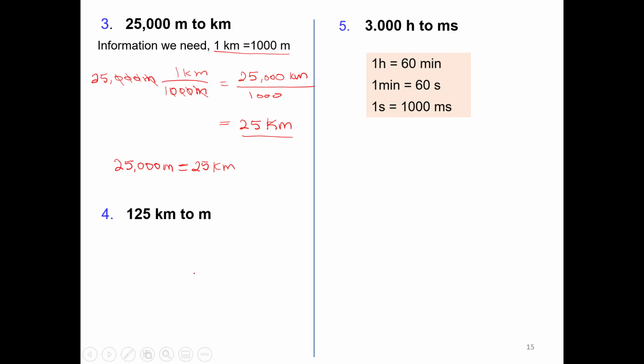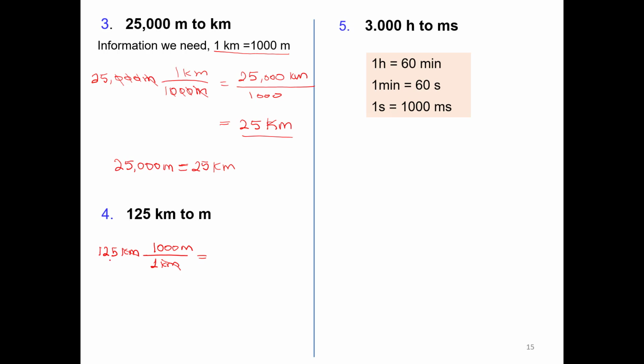Now let's convert 125 kilometers to meters. We can use the same equality. Now we need to write the correct conversion factor in the way the kilometers cancel out. Then 1 kilometer in the denominator, and we need 1,000 meters on top. It's the only way this unit cancels out with this one.